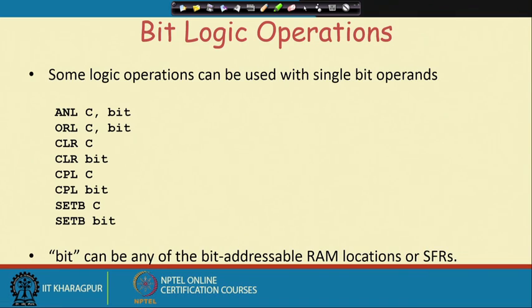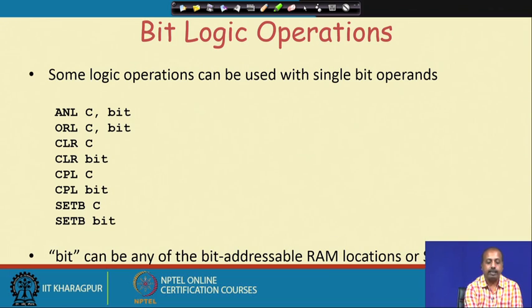There are also some bit level logic operations, where you can specify individual bits instead of bytes. Like ANL C, bit. It is AND logical carry with some bit. Similarly, ORL C, bit, CLR C, CLR bit, CPL C, CPL bit.